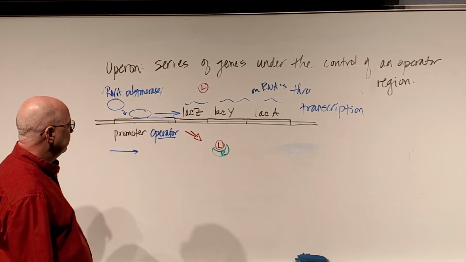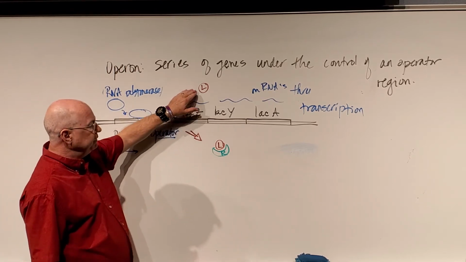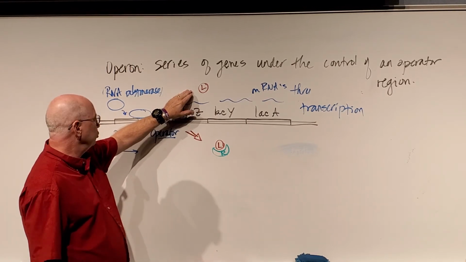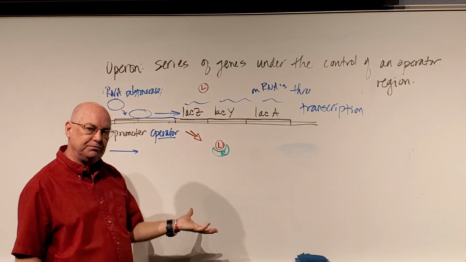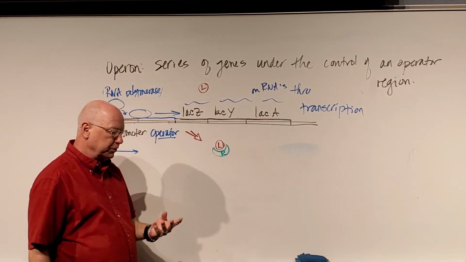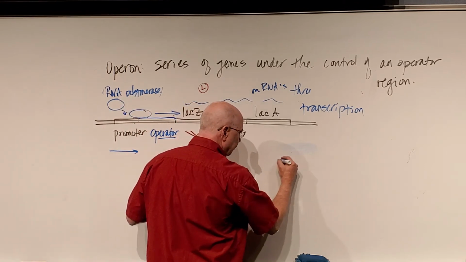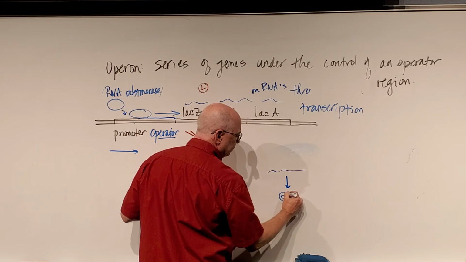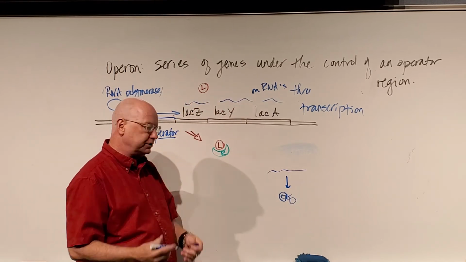So, in the presence of the inducer, in this instance lactose, lactose will bind to the repressor protein, making it change its shape so that it can no longer bind to the promoter region. You have to remember, proteins start off as a straight chain, and then they fold up into a three-dimensional shape, which allows them to bind to something.